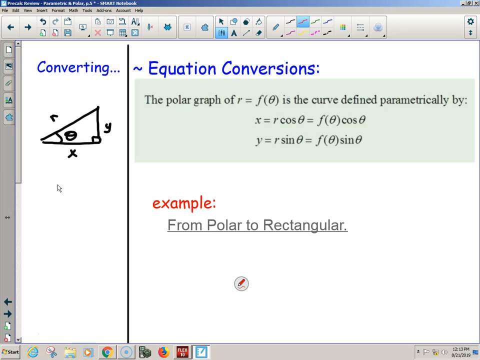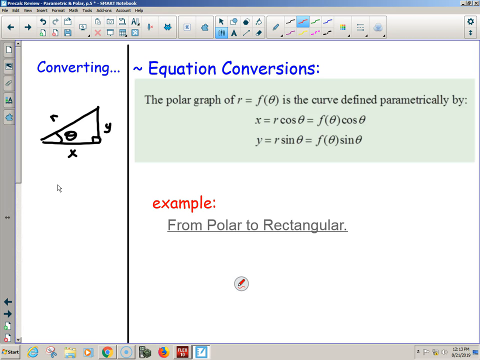The polar graph, r equals f of theta, is the curve defined parametrically by x is equal to r cosine theta, y is equal to r sine theta. So we still have that right triangle relationship, which is going to be helpful still. But what are these showing me?